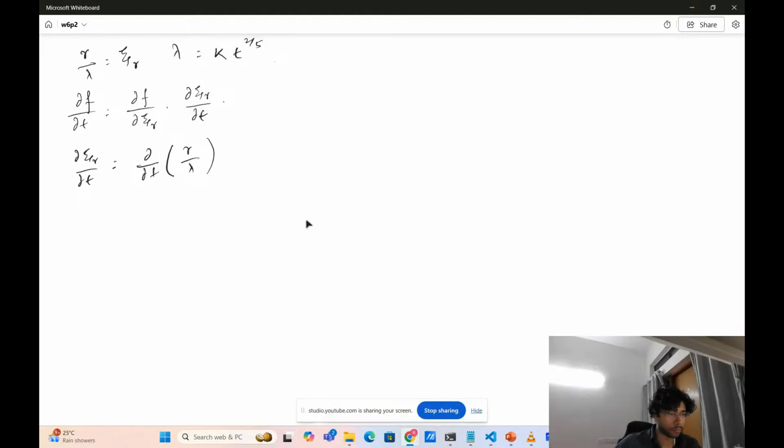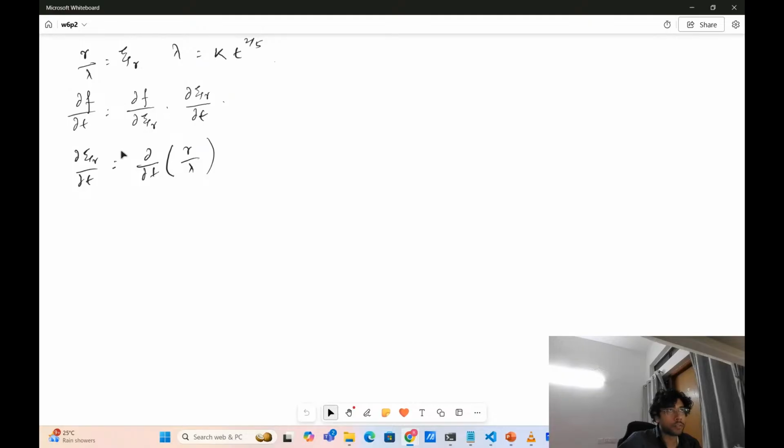Let me just repeat this part. We know that r by lambda is equal to xi, and lambda is k t to the power of 2 by 5. So lambda is proportional to t to the power of 2 by 5, and k is just the proportionality constant that I considered. Therefore, we can write del f/del t as del f/del xi times del xi/del t, which is just the chain rule.